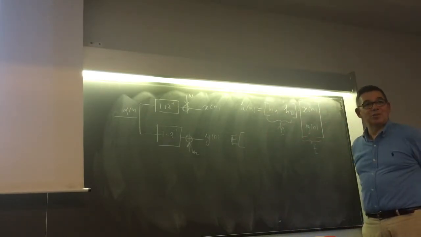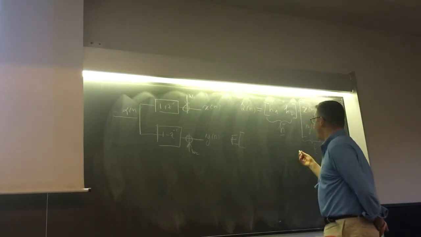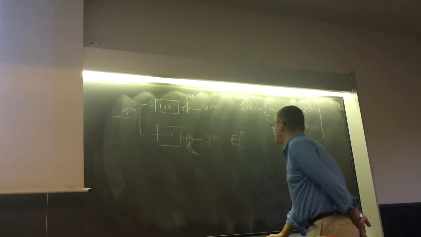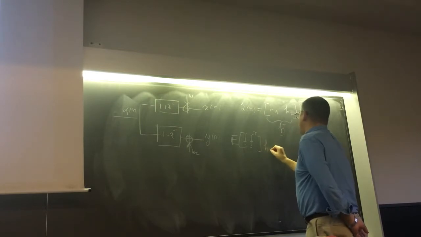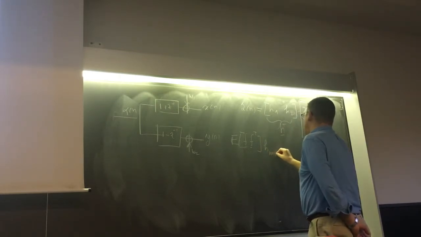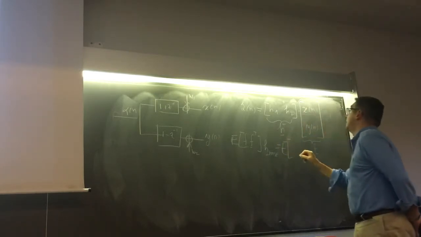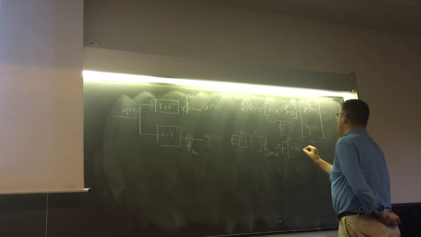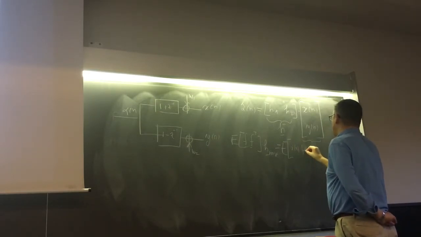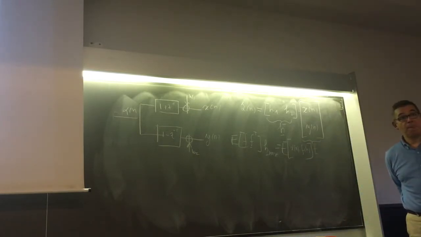So I go a little bit faster now. From the orthogonality, I get that my optimum filter is obtained by taking f transpose multiplied by h minimum mean square error equal to the expectation of alpha n times Fn.